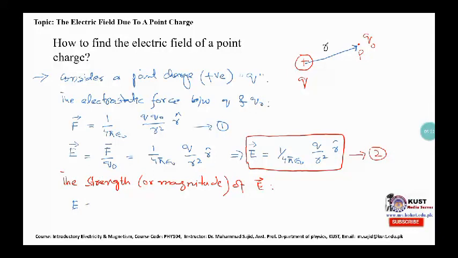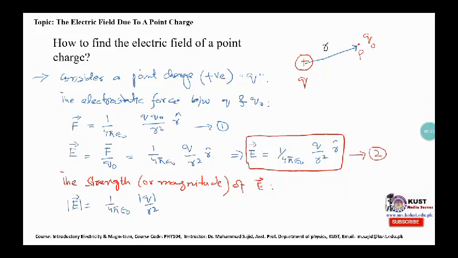You can just write it like this: mod E is 1/4 pi epsilon naught Q by r square, and there is no unit vector because this is a scalar.